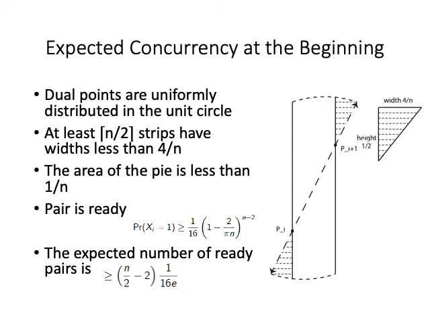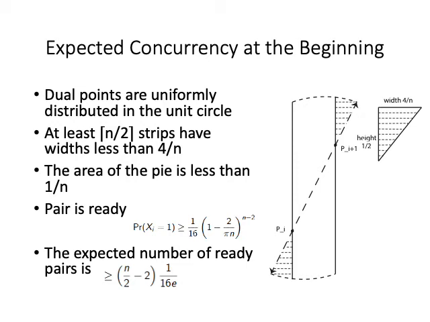The n x-coordinates divide the unit circle into n+1 vertical strips. And at least the ceiling of n divided by 2 vertical strips have width less than 4 divided by n. Otherwise, the strips will be wider than the unit circle.